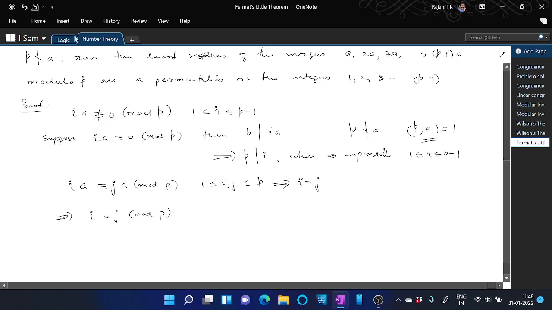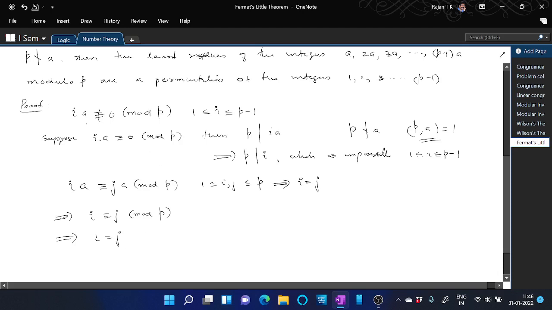I congruent to j mod p means, since i and j are least residues modulo p, this implies actually i is equal to j. I and j are least residues modulo p, and here i is congruent to j mod p, that is p divides i minus j, that means i minus j should be 0, that is i is equal to j.